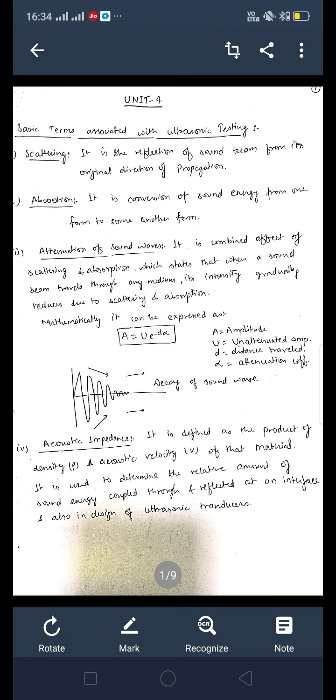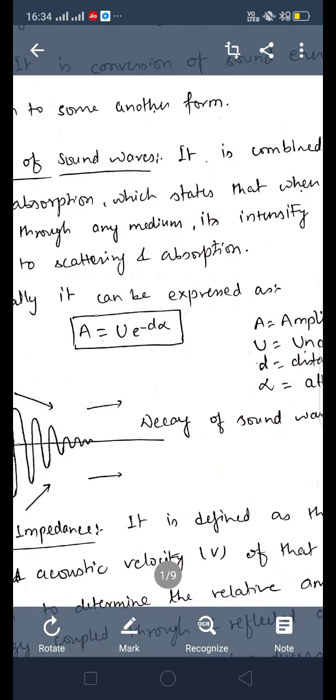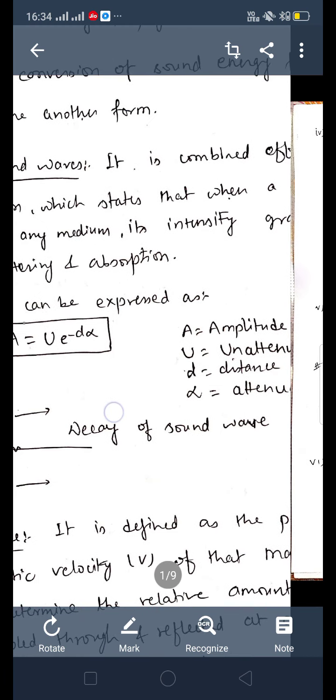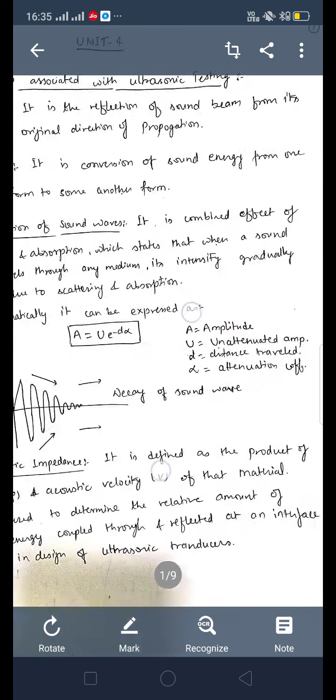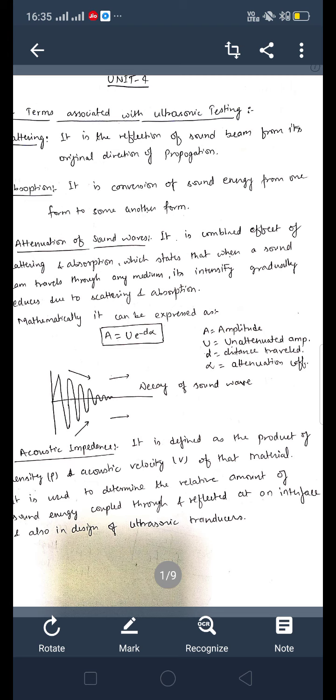Mathematically it can be expressed as A equals U into e to the power minus d alpha, where A is amplitude, U is the initial amplitude, d is the distance traveled, and alpha is the attenuation coefficient. Here is the graph of the decay of the sound wave.